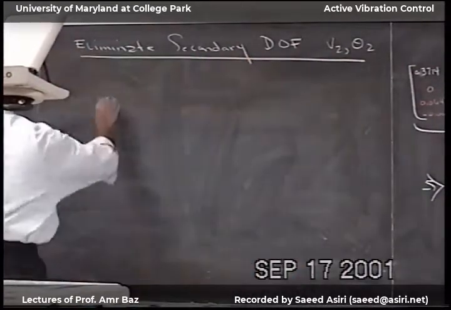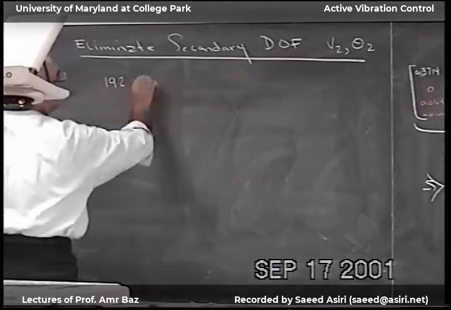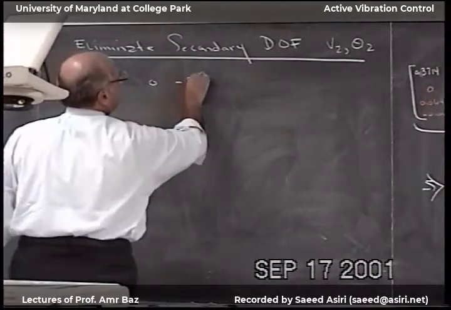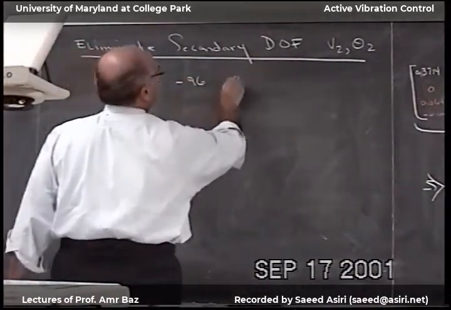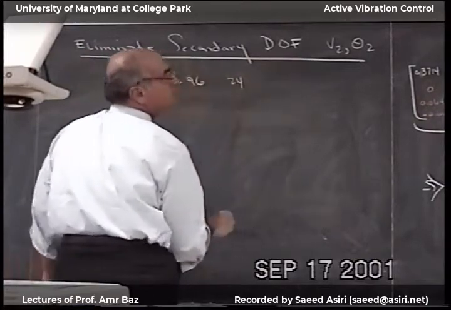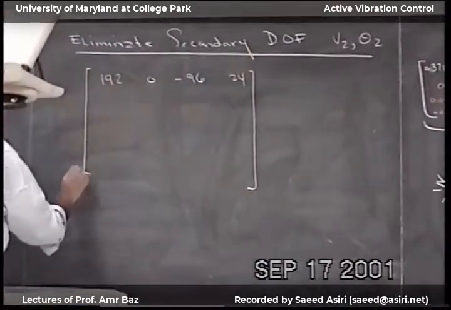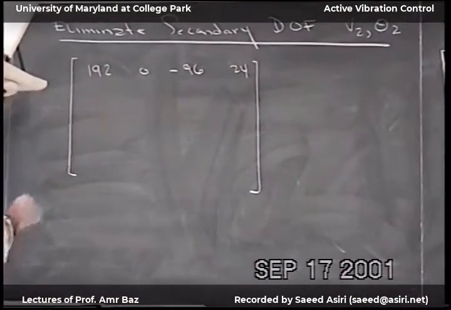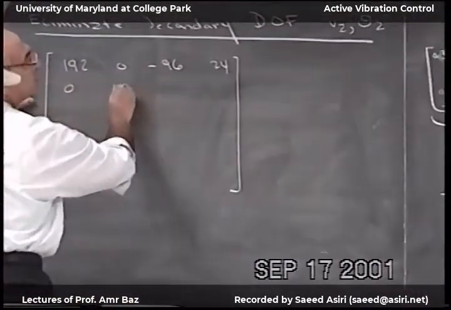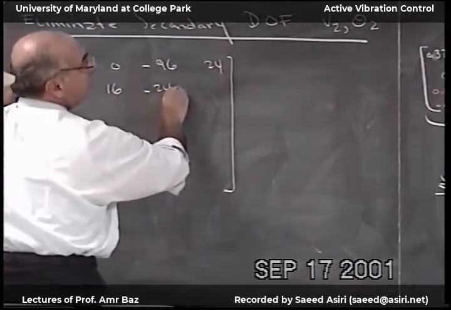So now I have 192, 0, 96, 24. And then 0, 16, minus 24.